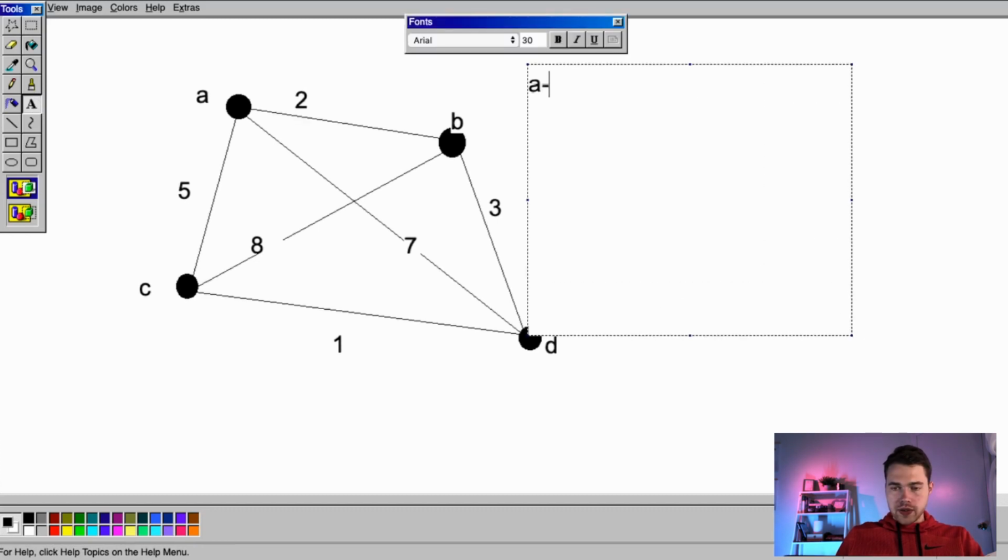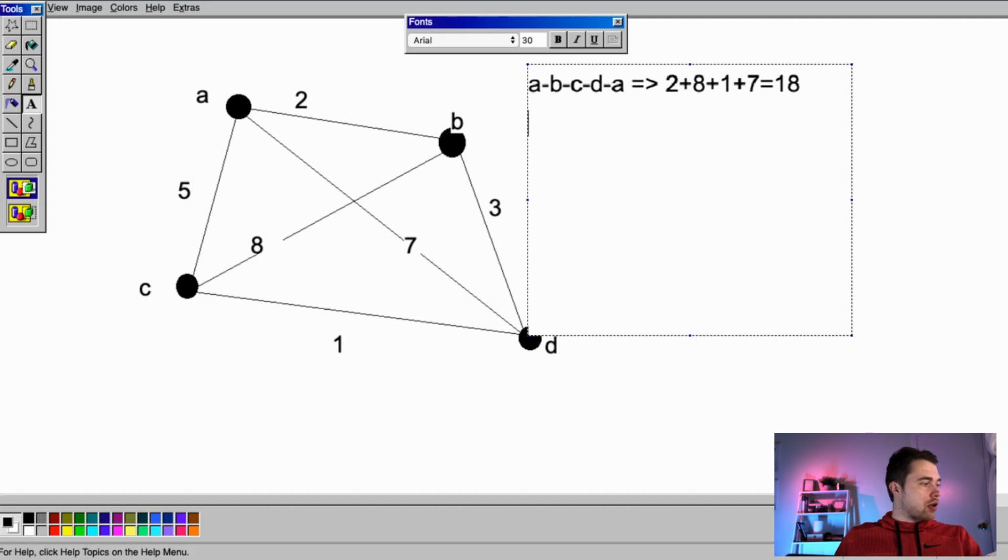If the tour is A, B, C, D, A, so we start at A and then go A, B, C, D, A, what are we going to have? 2 plus 8 plus 1 plus 7, which is 18.